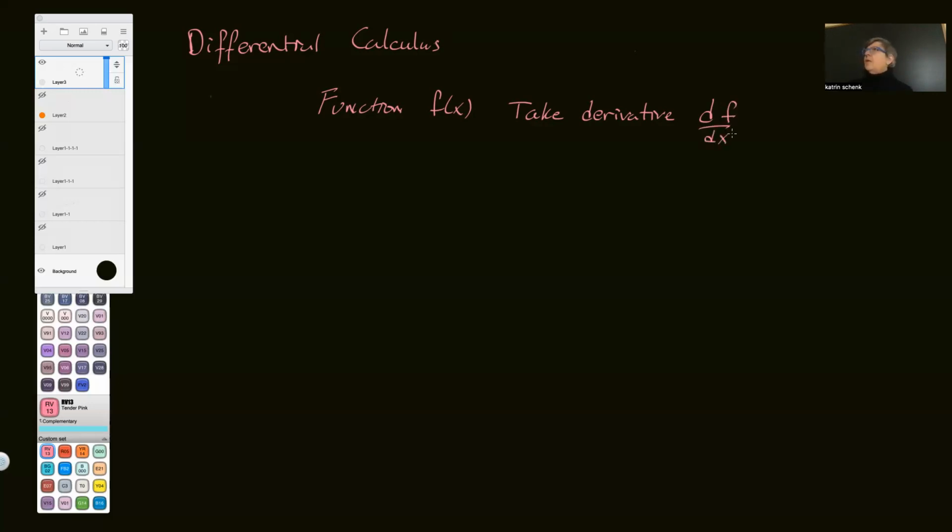And it tells us how rapidly f is changing when you change x by a little bit, right? That's what it tells you. And I noticed that this is a capital D, okay? We call this kind of derivative a total derivative, right? With a capital D, as opposed to a partial derivative, right?